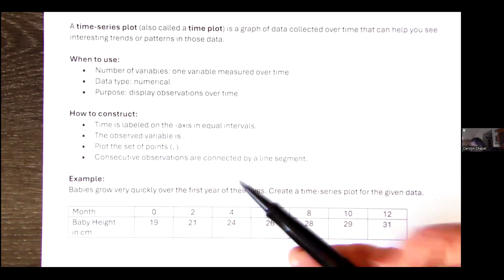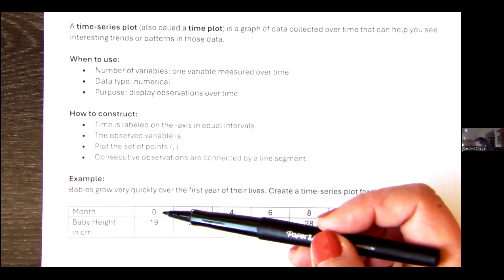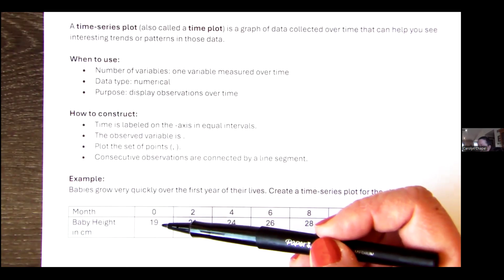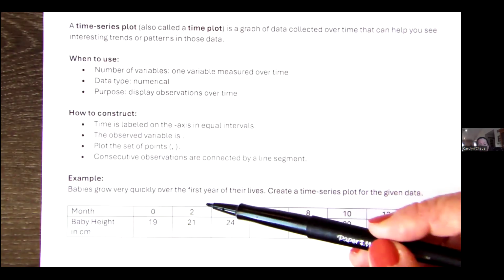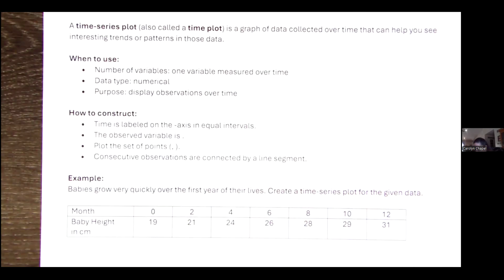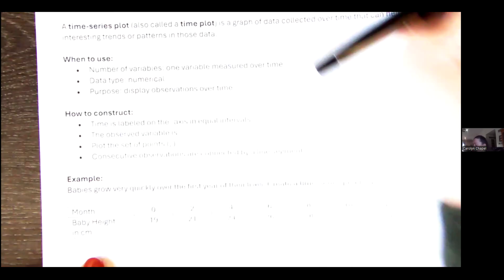So we would enter the data into our spreadsheet. Your 0 is one under the months, 19 is that height. So this would be my X's, my months, and then my heights would be the Y values. If I were using Excel, I do not use the line graph.